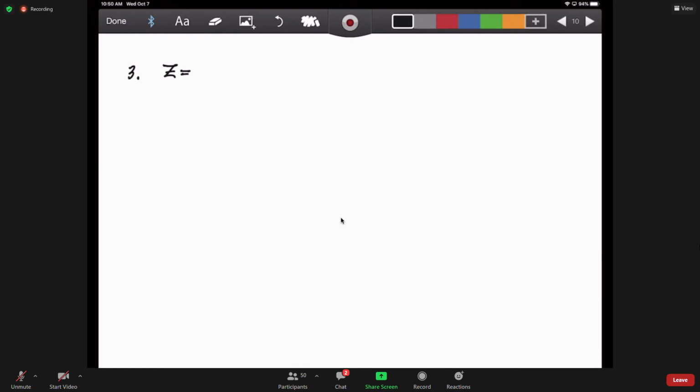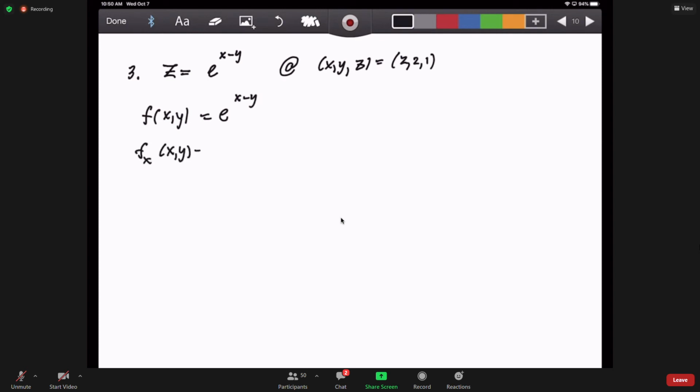So we have z equals e to the x minus y, and we're going to look at the point (2, 2, 1). All right, so we have the graph of the function e to the x minus y. So we know we're going to need the x and y partials of that.